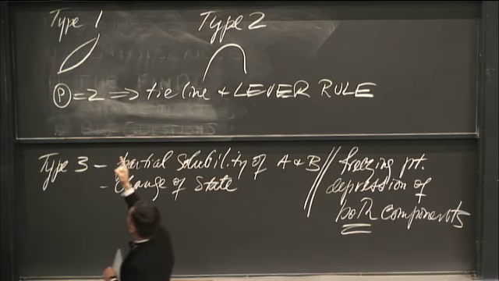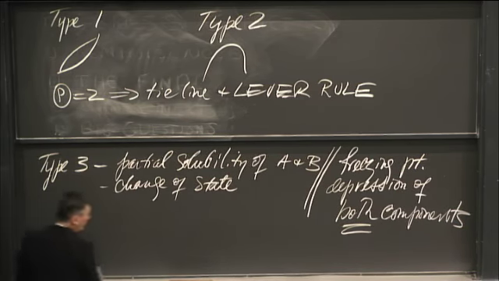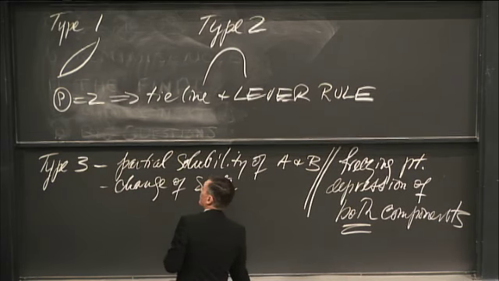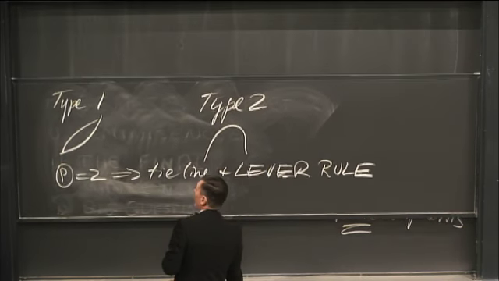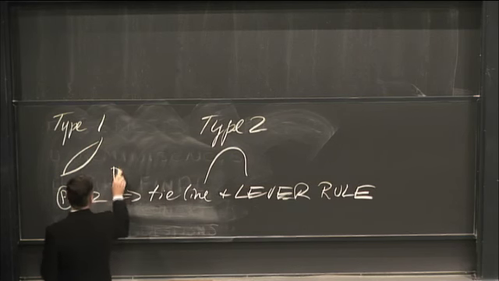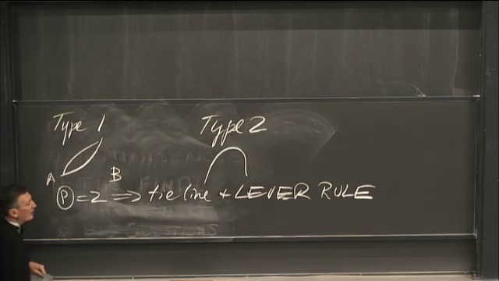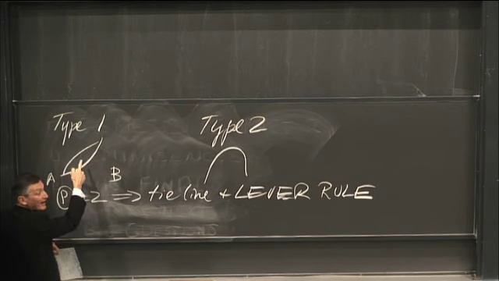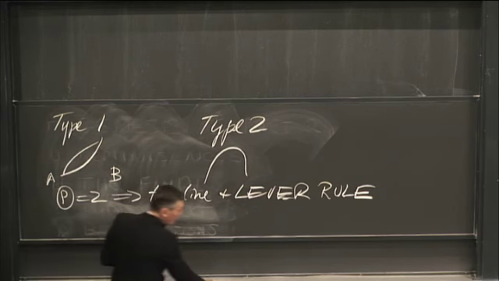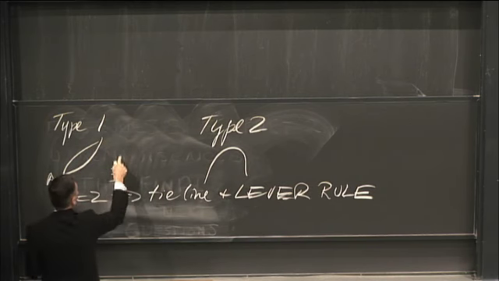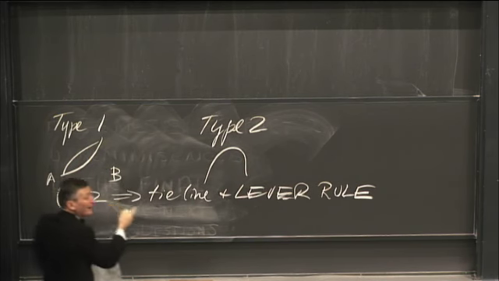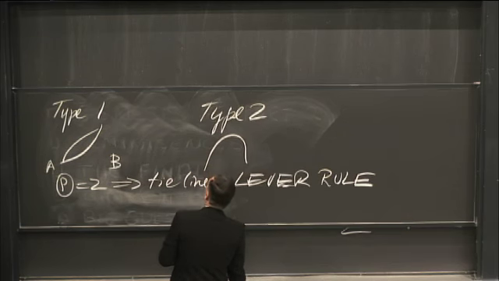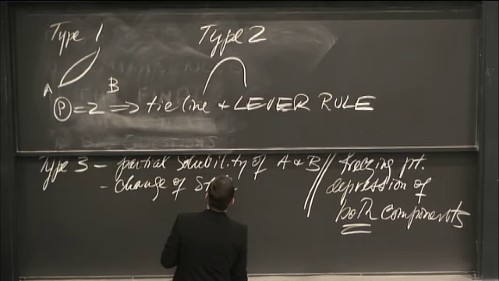In type 1, you see, if we have B on the right, then adding A to B, if this is pure B over here, and this is pure A over here, adding A to B causes the freezing point of B to fall, but adding B to A causes the freezing point of A to rise. In this type 3, we're going to have freezing point depression of both B and A. That's the difference between the type 1 and type 3.